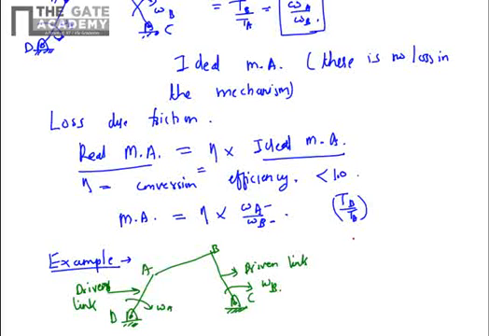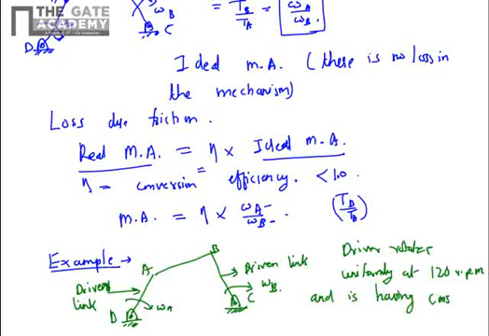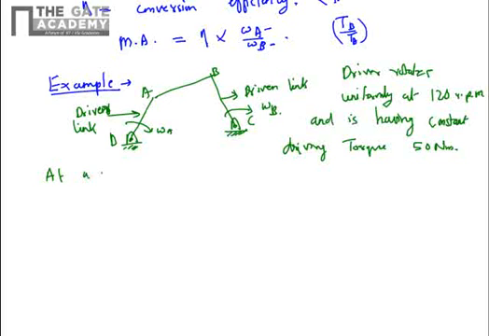The problem given is that the driver rotates uniformly at 120 rpm and has a constant driving torque of 15 Newton meter at a particular phase of the mechanism. That means at an instantaneous position at some point in time.